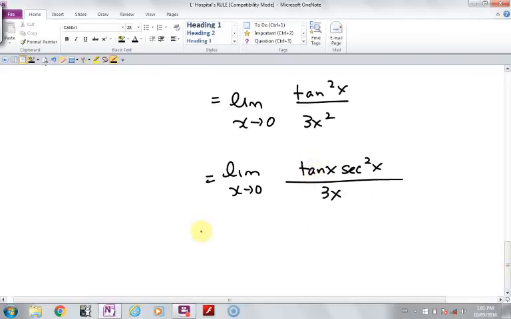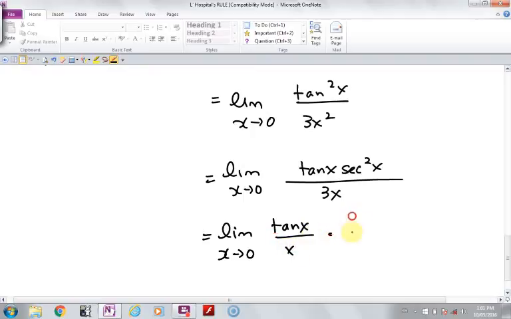Here I have a product, so I can do the limit as x approaches 0 of tan x over x times 1/3 of the limit as x approaches 0 of secant squared x. I'm just taking each limit individually, and this 1/3, because it's a constant, I'm just pulling it outside. Now what's the limit as x approaches 0 of secant squared x? 1. So I have 1/3 times that.